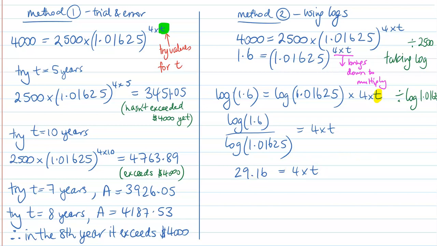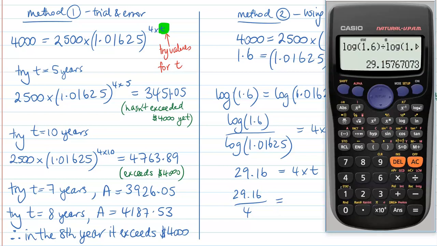And then lastly, getting rid of that times by 4 by dividing by 4. Shows that I have 7.29 years.